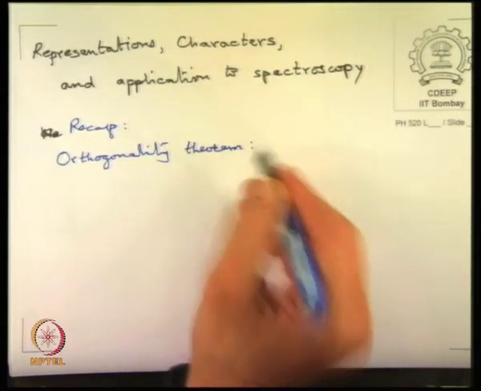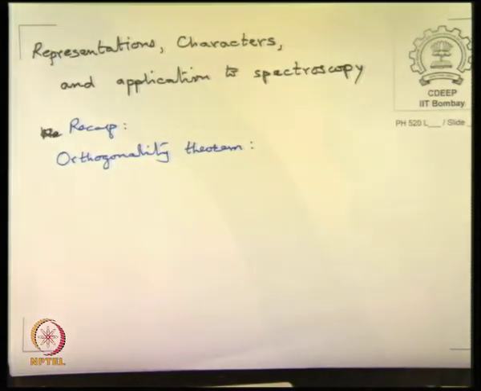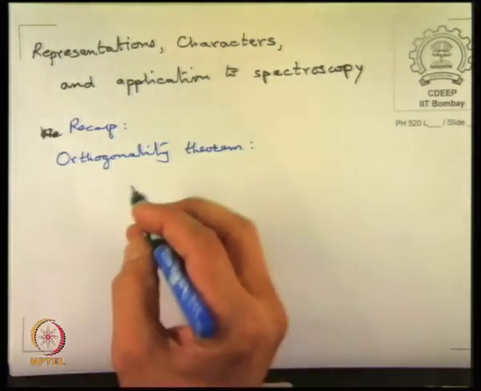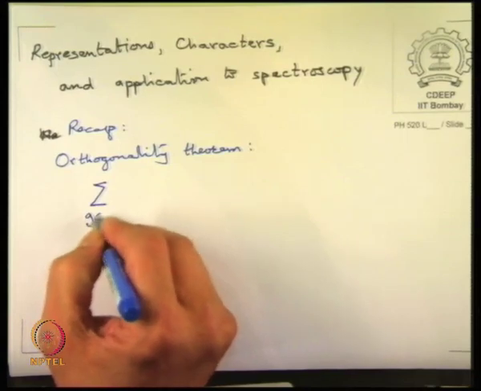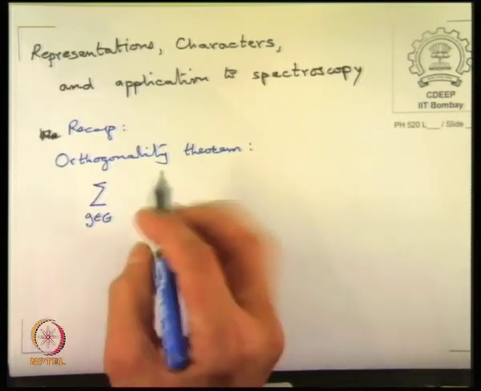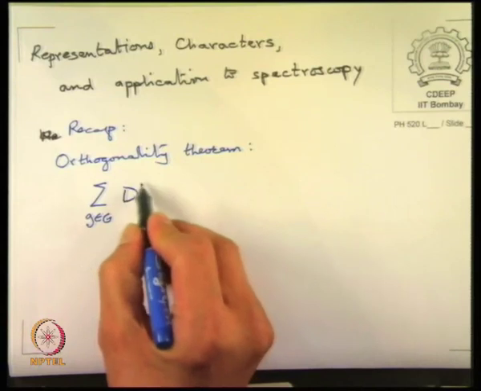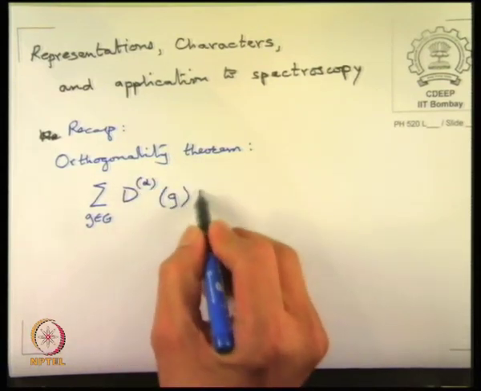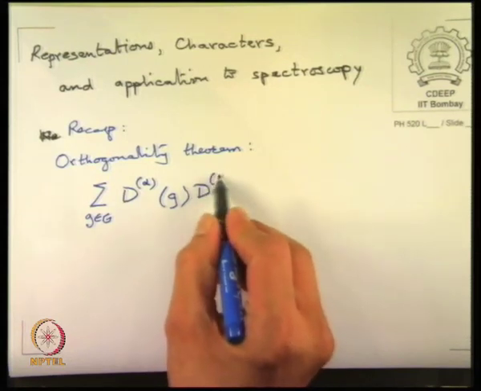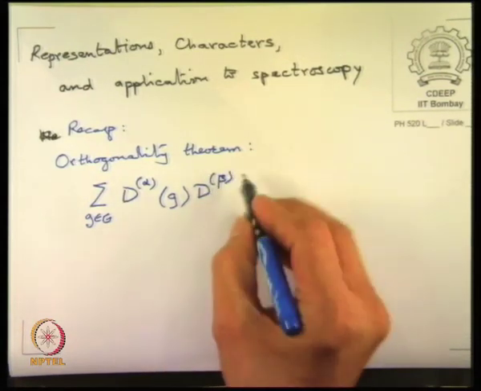So let us write once the orthogonality theorem in its most general form, based on which Schur proved his lemma. Sum over all g belonging to G. Suppose we have a representation D alpha of g, and we have another representation D beta, and we will take the star.